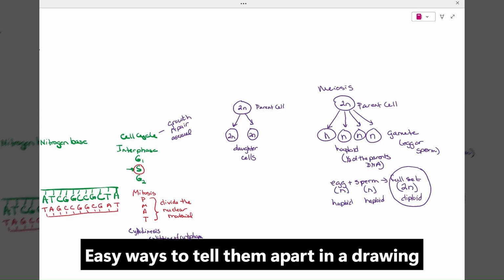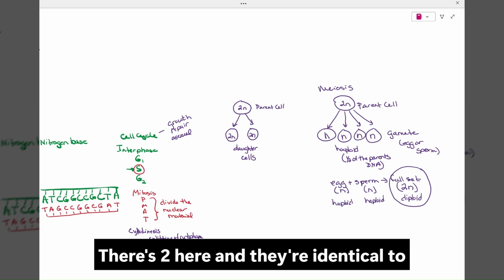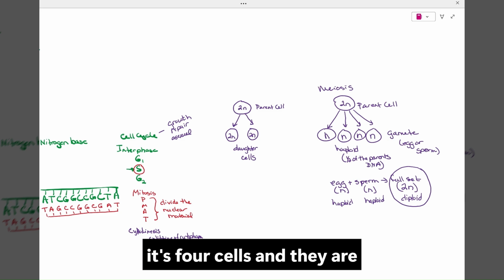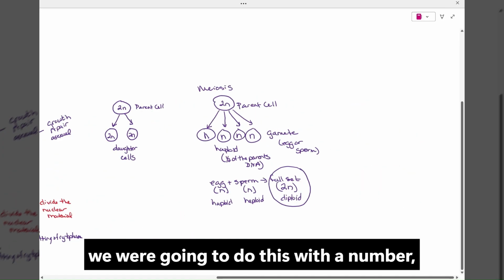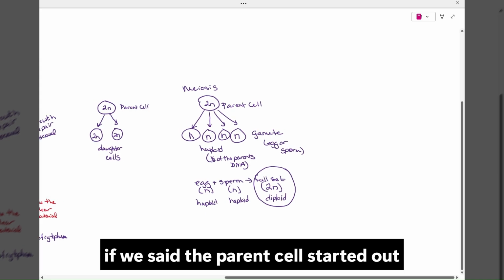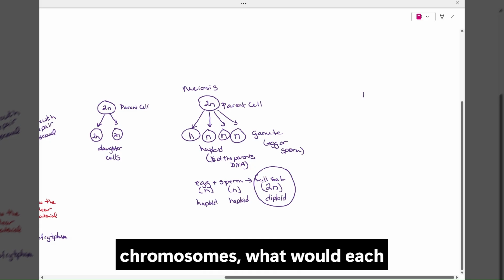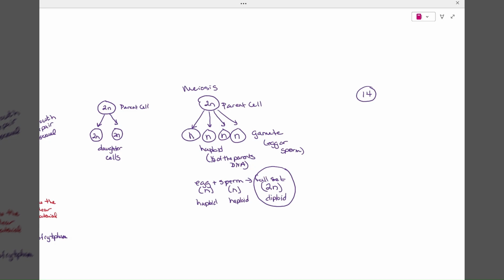Easy ways to tell them apart in a drawing are the number of daughter cells. There's 2 here, and they're identical to the starting cell. In meiosis, it's 4 cells, and they are half of the original parent cell. So if we were going to do this with a number, if we said the parent cell started out with 14 chromosomes, what would each sperm have?